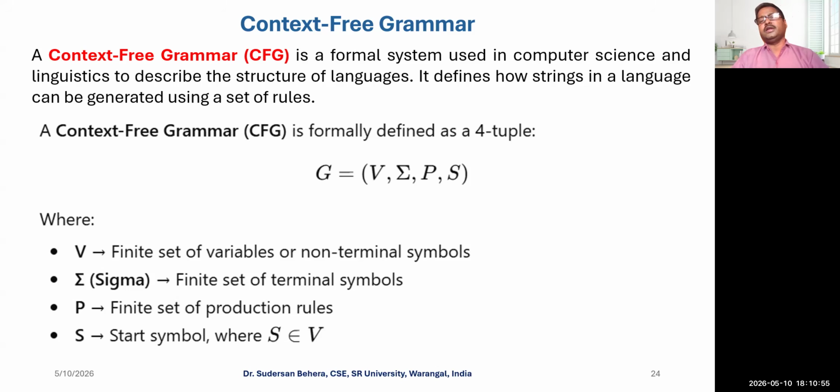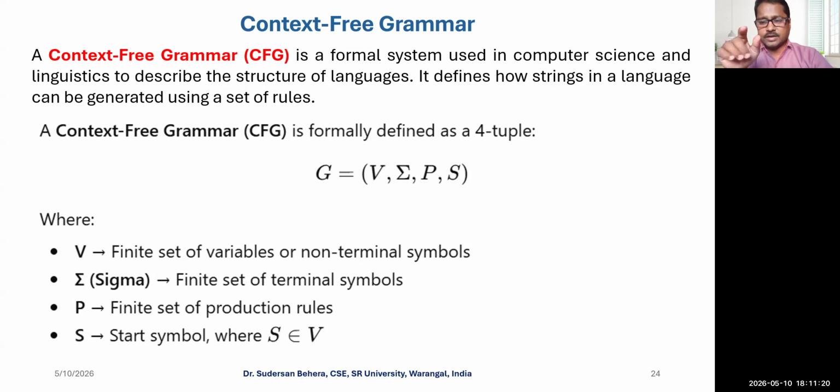Then one can easily understand that it is a variable or a non-terminal. If you write in small letter, you will get confused and your answer will be wrong. That is why it is exclusively mentioned that variables and non-terminals must be written in capital letters.